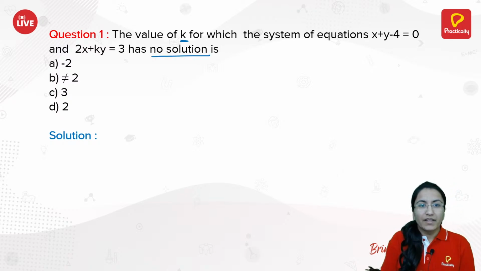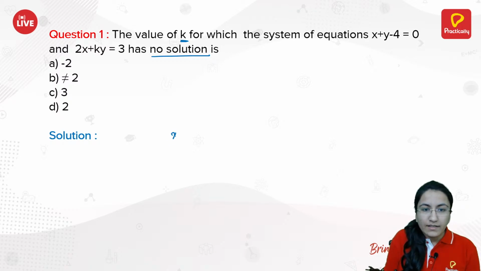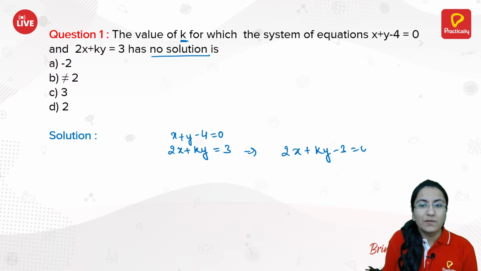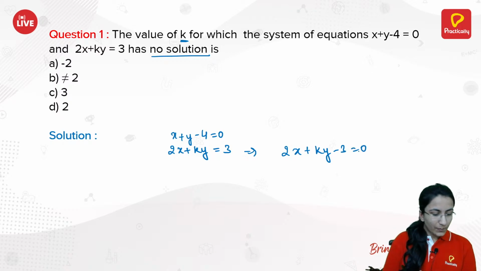What do we do? We have two equations. One is x plus y minus 4 equals 0 and the next is 2x plus ky equals 3. We can write this in standard format, that is 2x plus ky minus 3 equals 0. Now we have simultaneous linear equations. What do we need to apply?